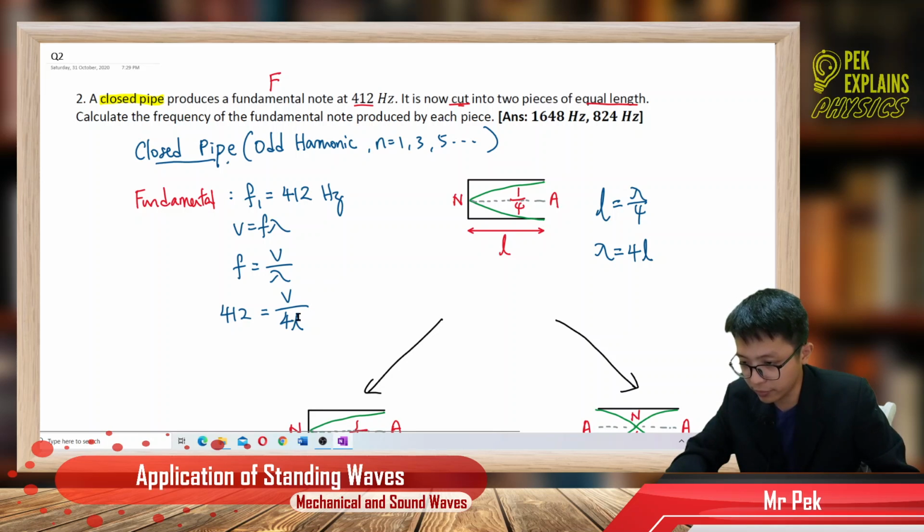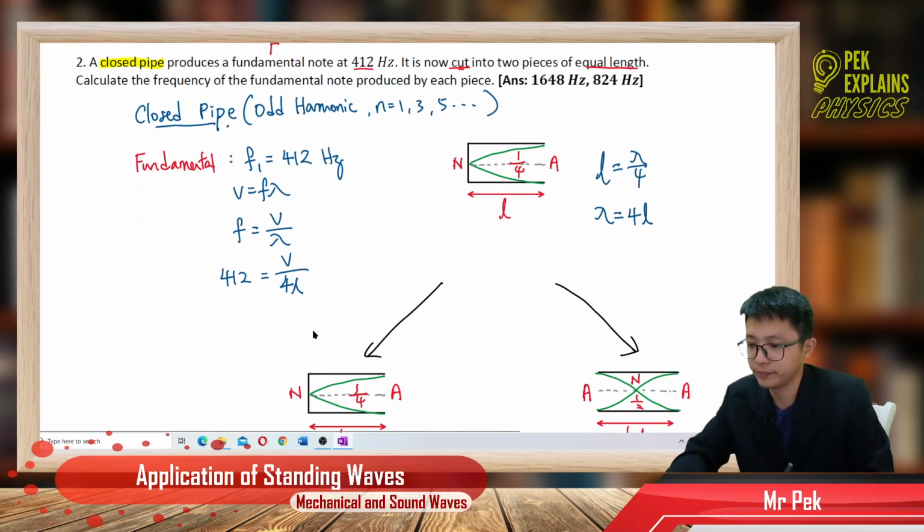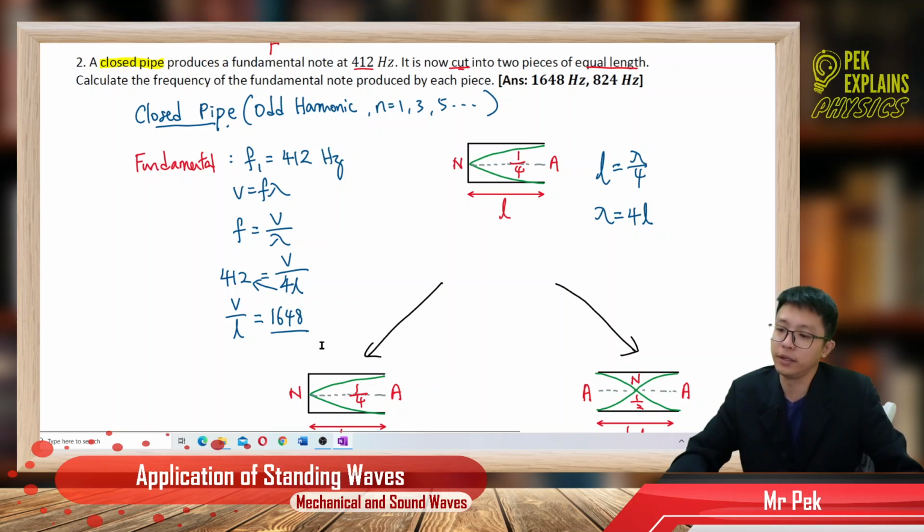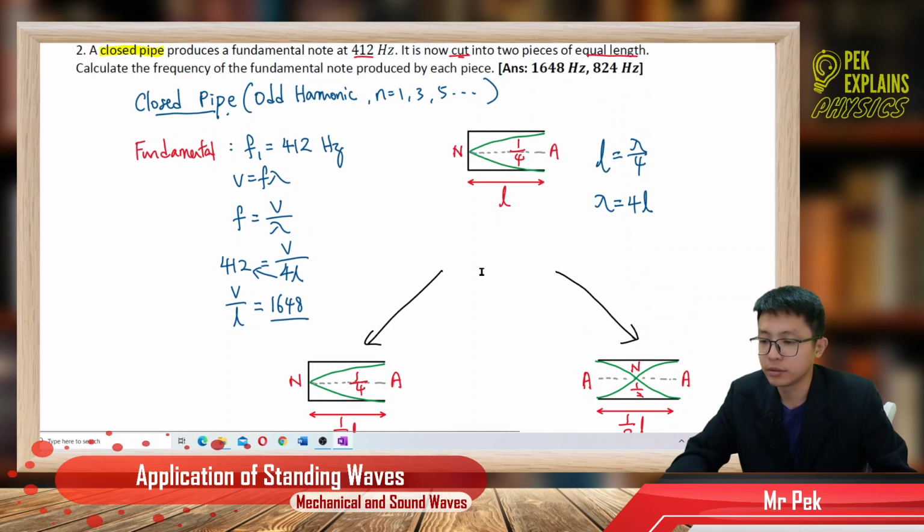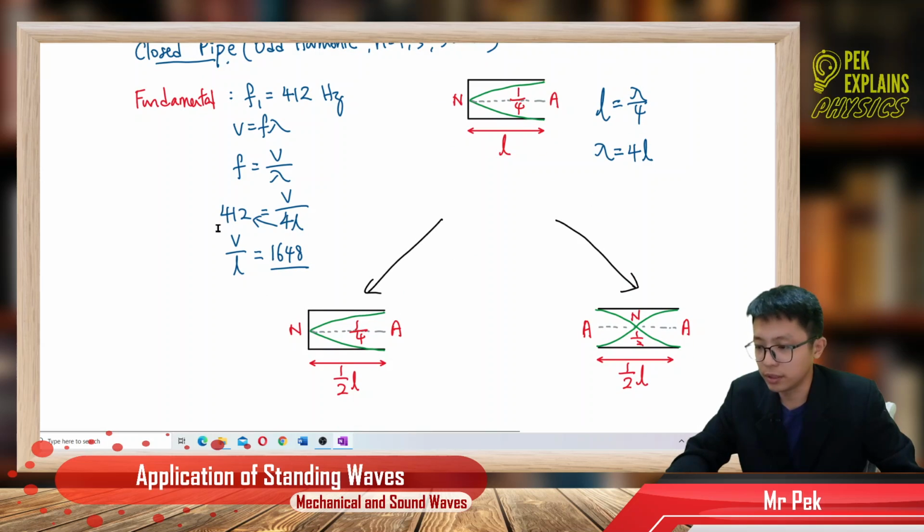From here I got a ratio of V over L. Multiplying by the 4 above, I got 1648. This might be useful, so we just keep it first.